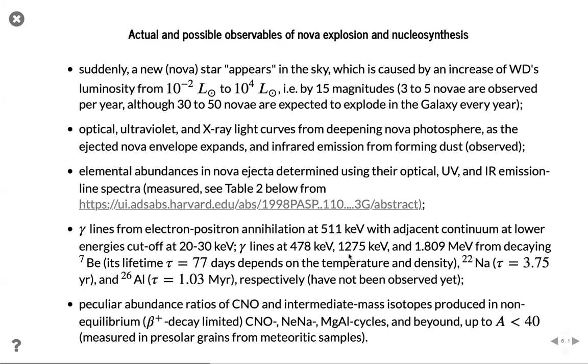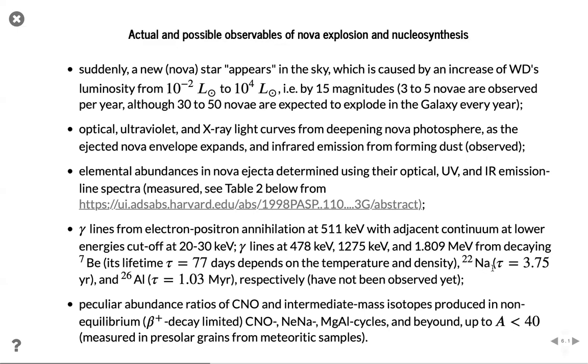The second line, 1275 keV, is expected to come from radioactive sodium-22, which is predicted by nova models, including our nova framework models, in some non-negligible quantities. But then, of course, the question is how far away the observed nova is, because the further it's away, the weaker the flux in this line.